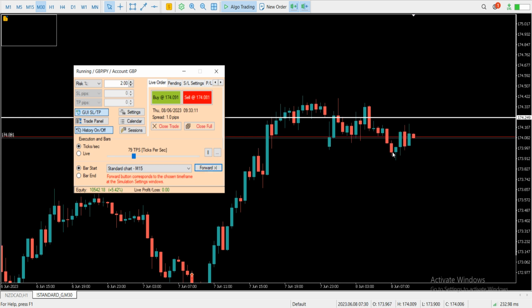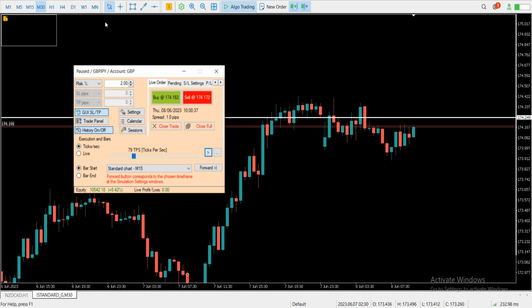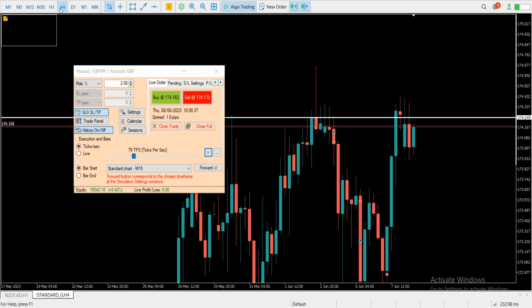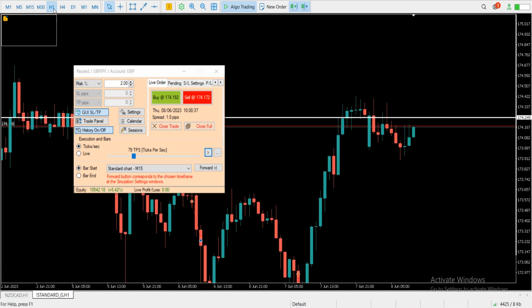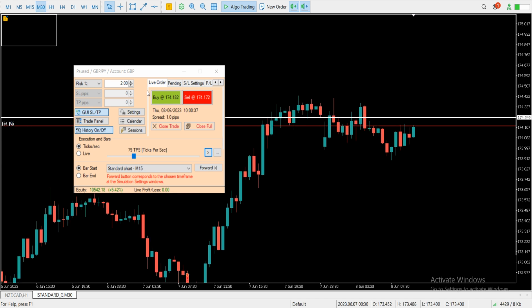Well, we have some sort of support forming, but to be honest, I was expecting some deep retracement and then support formation. Let's take a look at the 4-hour. The 4-hour is pushing up. On the 1-hour, we have a support forming.